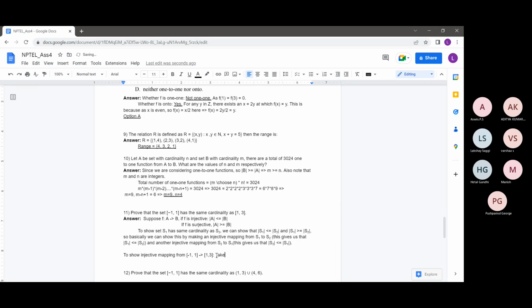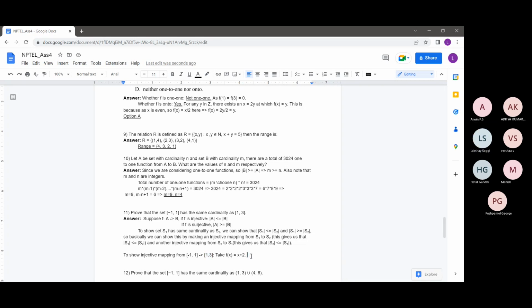We can take f of x as Aditya has written, f of x equals x plus 2. From this, we can see that every unique element from -1 to 1 gives a unique element in 1 to 3. -1 gives exactly 1 and 1 gives exactly 3.